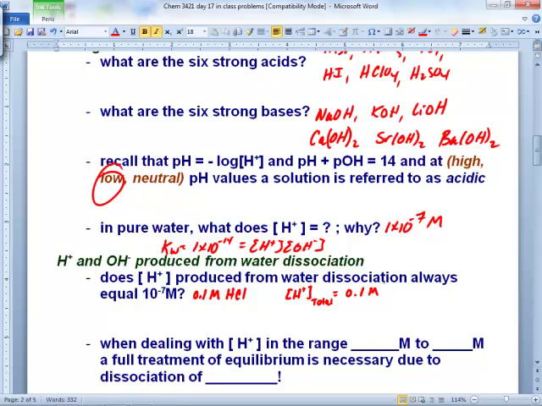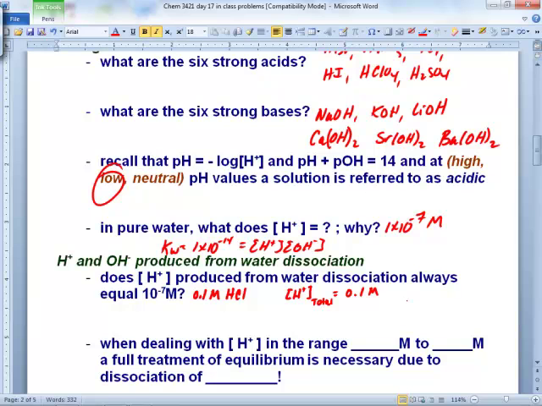We could say, well, what fraction of this is from water falling apart? That's what we're getting into today. It's going to be minuscule because this is a huge number. But if we could still figure it out, I think it's useful.